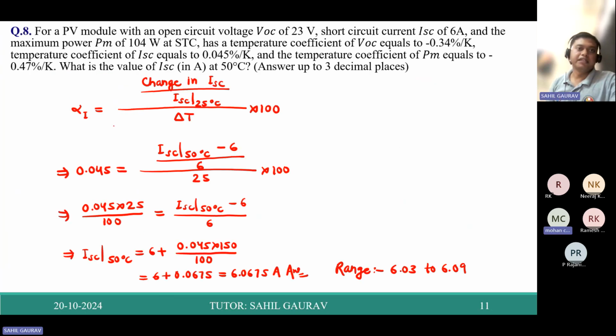The next problem, they are asking about this value of ISC at 50 degrees Celsius. So you need to know this temperature coefficient for current.